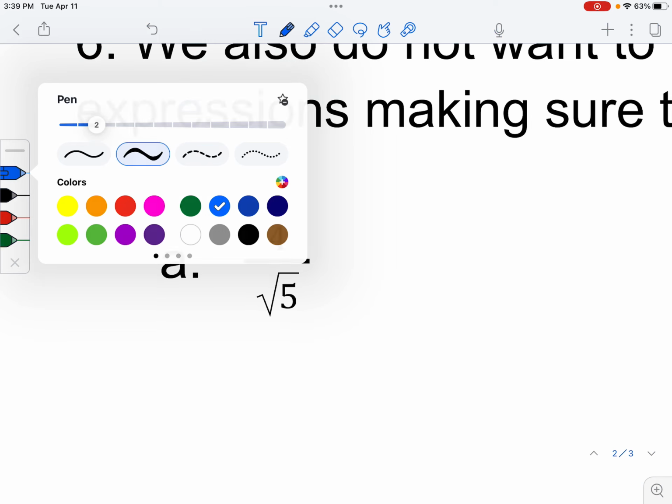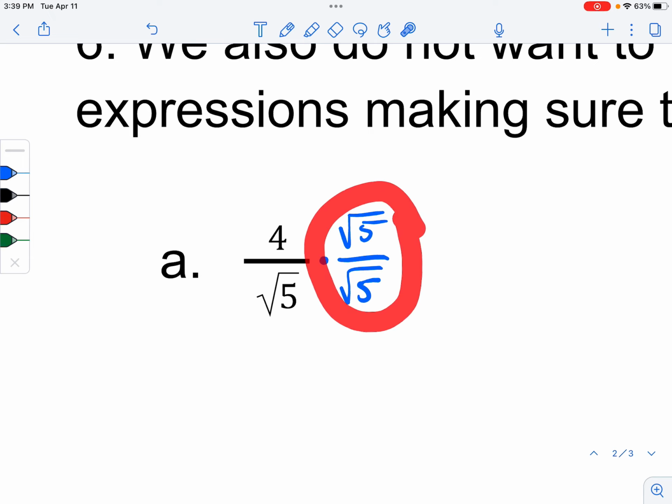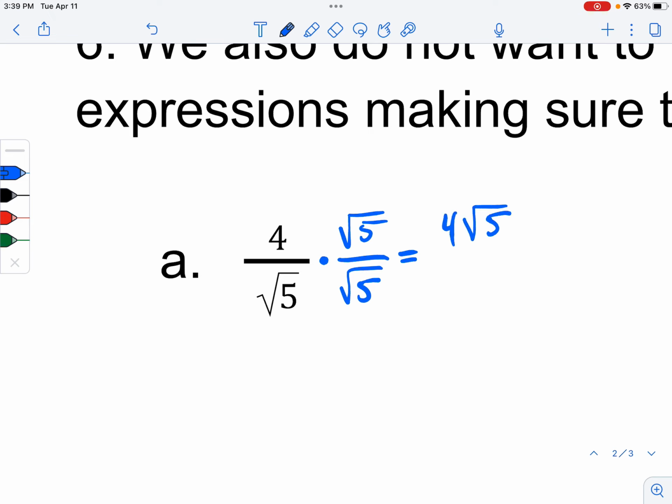So if we multiply this by the square root of 5 over the square root of 5, I'm multiplying by 1, right? Square root of 5 over square root of 5, this is equal to 1. I'm not changing anything. And we multiply straight across. So across the top, 4 times the square root of 5 is just 4 times the square root of 5. I can't simplify that anymore. On the bottom, though, just like we did above when we were able to separate radicals, we can also combine them.